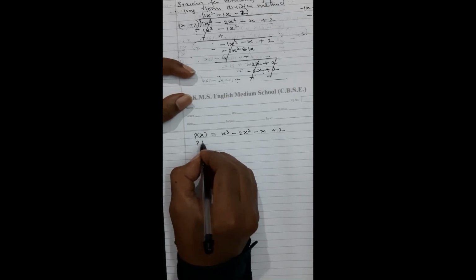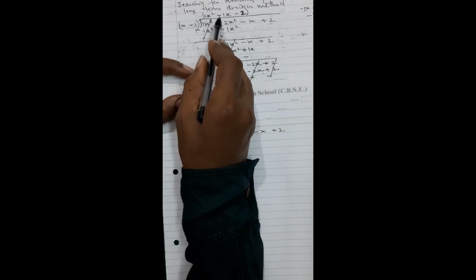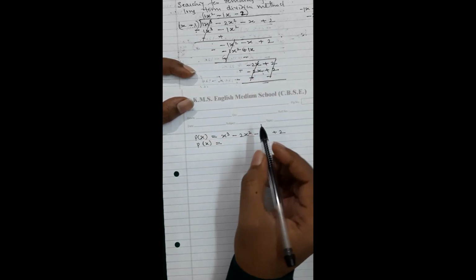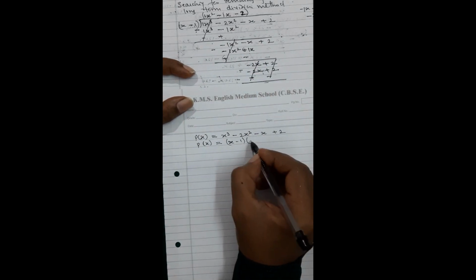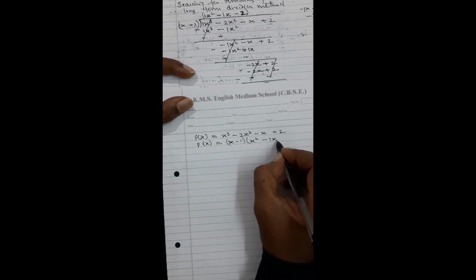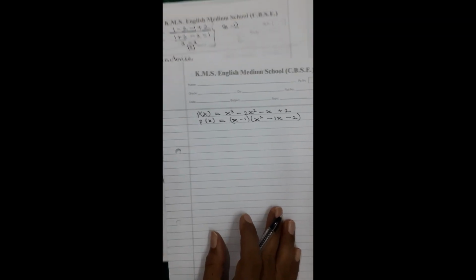But you have got that P of x is equal to, you factorized that, you got it as x minus 1 into this, because the remainder is 0. So it will be halted over here itself. So you get x minus 1 into x square minus 1x minus 2. Okay, my dear students. So long division is over.